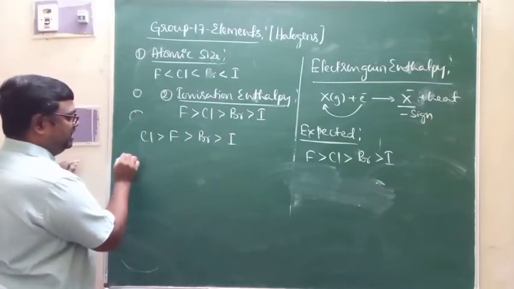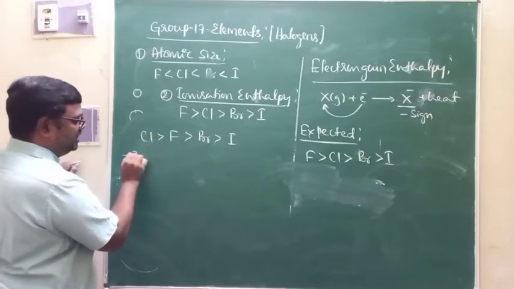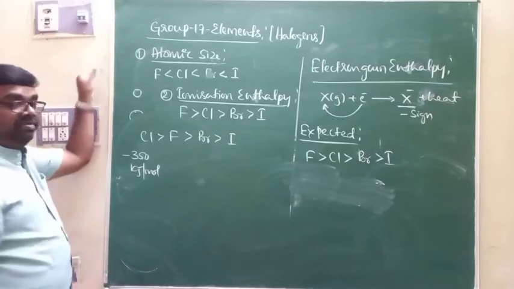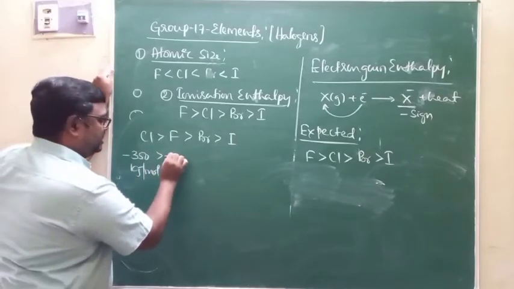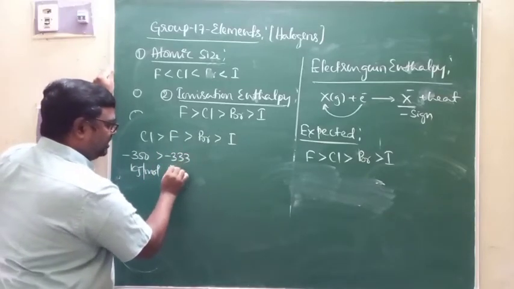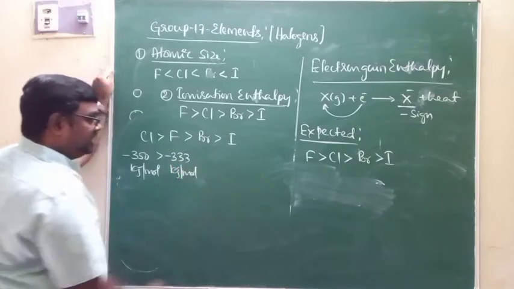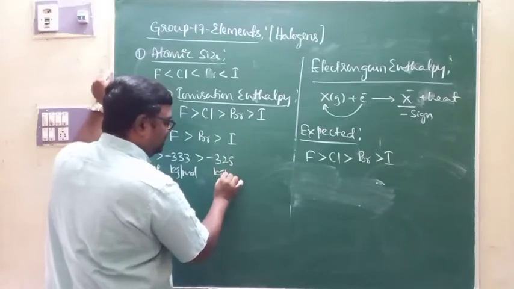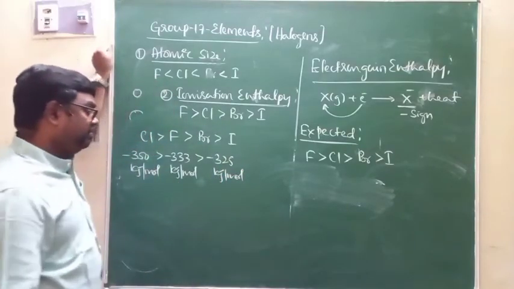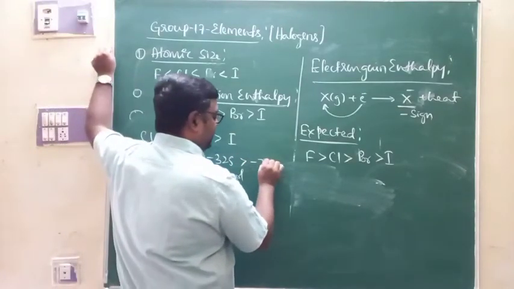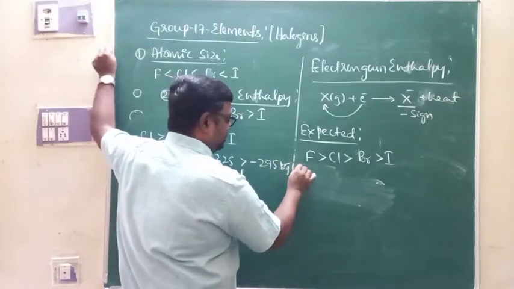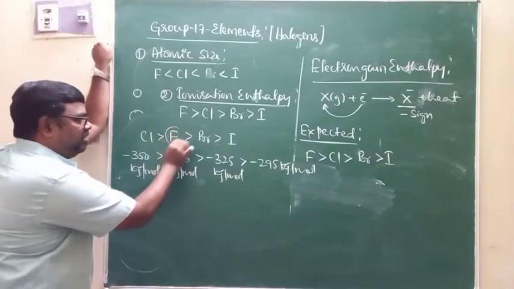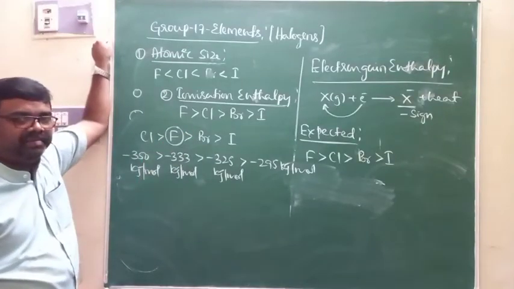For your information, electron gain enthalpy of chlorine is minus 350 kilojoules per mole, that is greater than minus 333 kilojoules per mole in the case of fluorine, that is greater than minus 325 kilojoules per mole, the electron gain enthalpy of bromine, and that is greater than minus 295 kilojoules per mole. This is electron gain enthalpy. That means electron gain enthalpy of fluorine is less than chlorine.